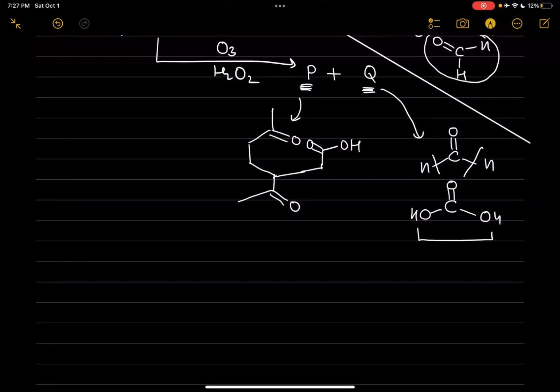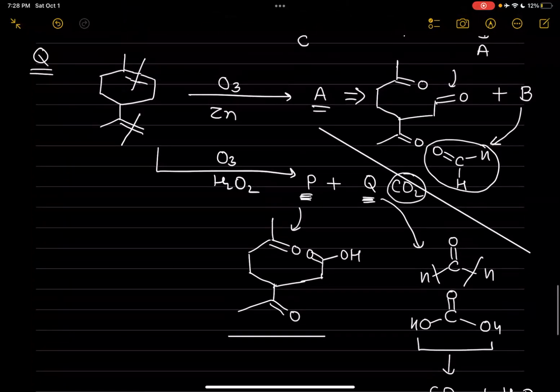So carbonic acid, we know it is there in the cold drink, and it gets oxidized, it breaks into CO2 and H2O. Clear? So what we are going to get? We are going to get this and CO2.